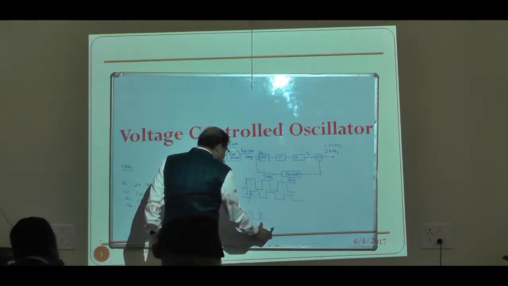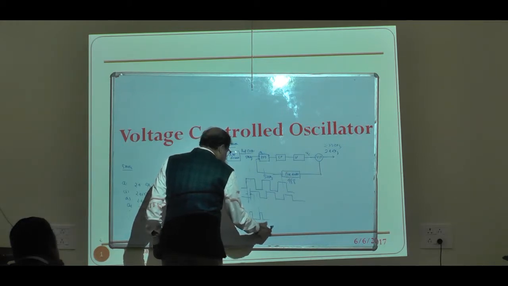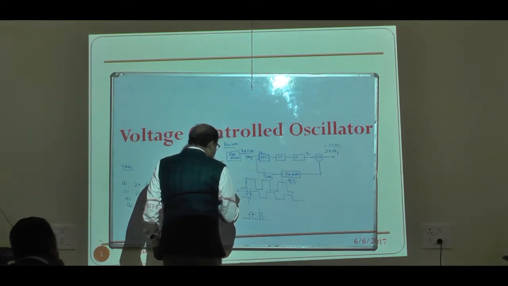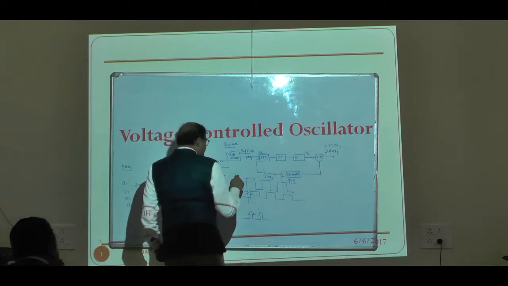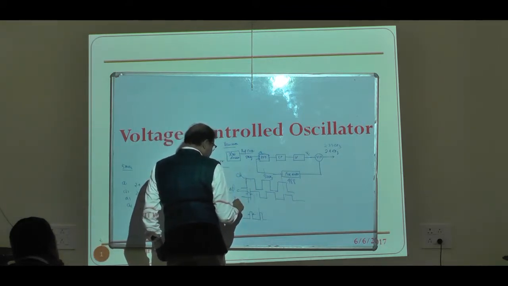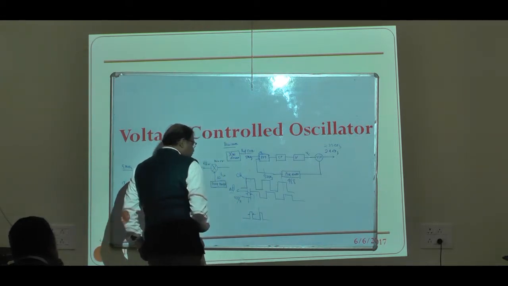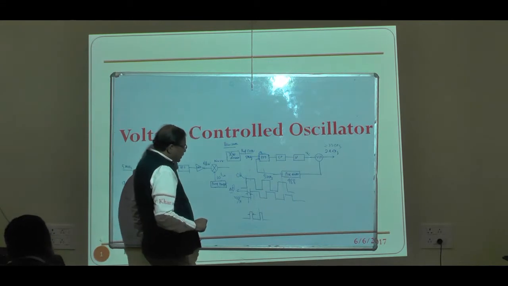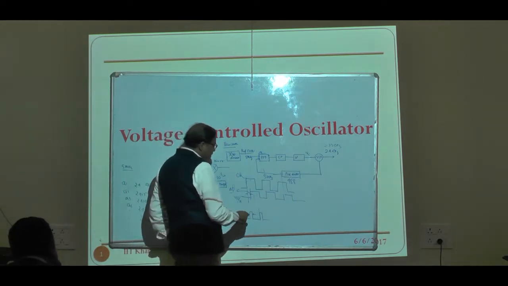This is called a pulse width modulated signal, where the duration of the width is equal to the phase difference delta phi of the two incoming signals, one is the clock and the other is the divider output, that means the VCO divided by N. And the difference of that is the duration.